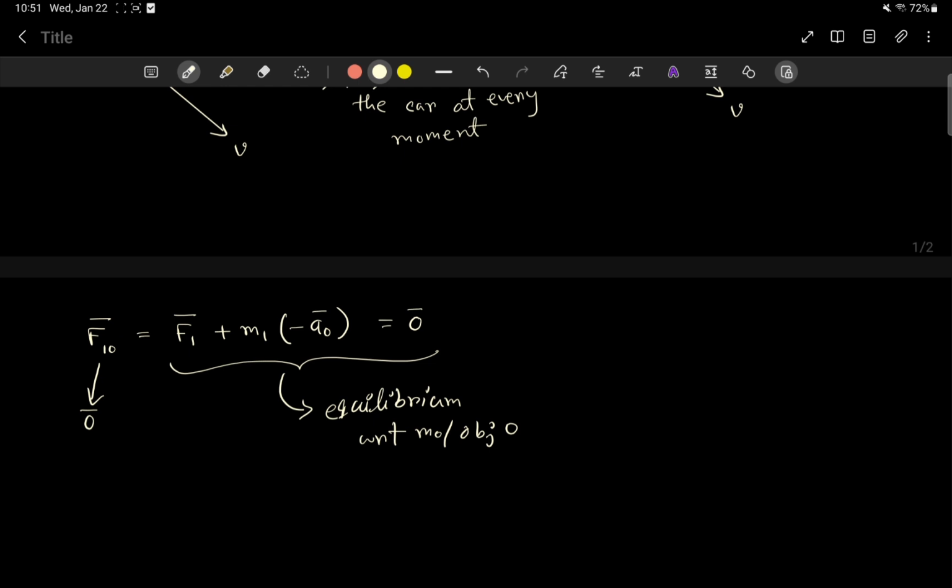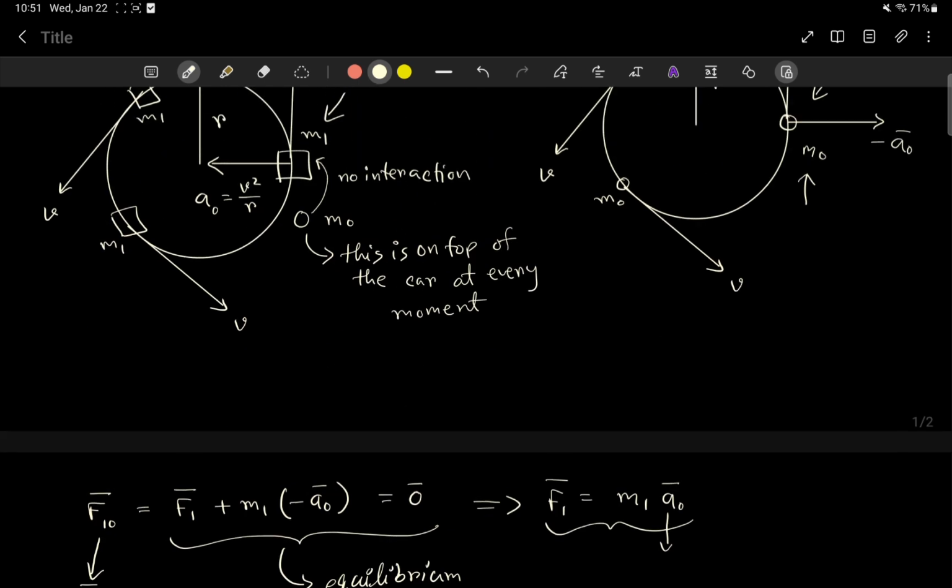From that, what you really get is F1 is equal to M1 a naught, changing the sign of course. And you already know this one: this acceleration is the same as the radially inward acceleration that the car needs.